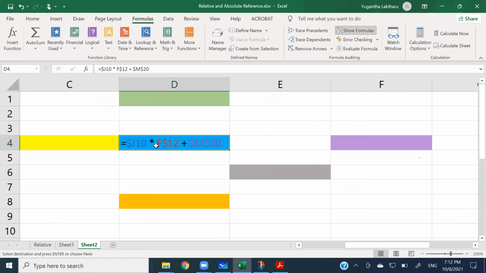You got a formula inside this blue color cell, right? So you got three components, $J10 star $F12 plus $M20. What should be the answer when you copy this to the yellow color cell?